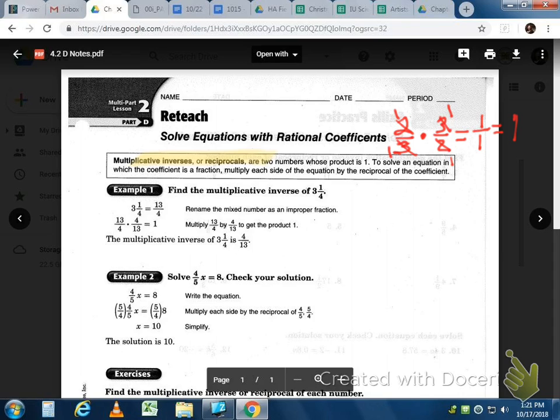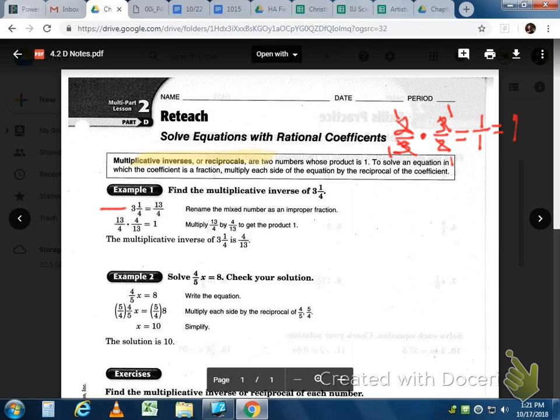They're trying to have you figure out a way to solve these equations that have fractions in a simpler way. And this multiplicative inverse or reciprocal is going to help you with that. Now we are going to do a little practice with finding multiplicative inverses.